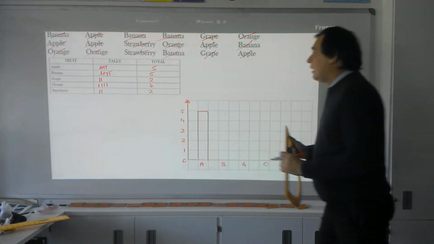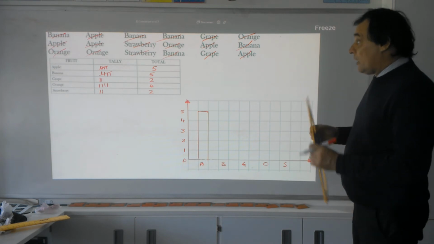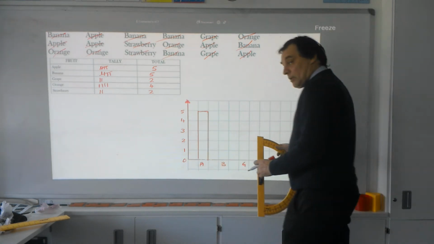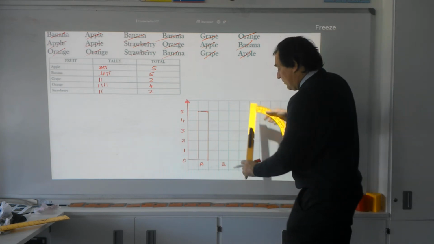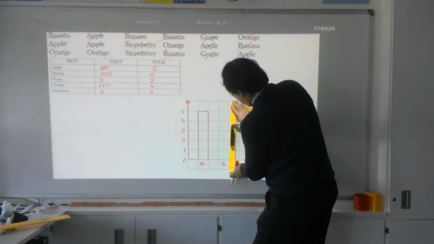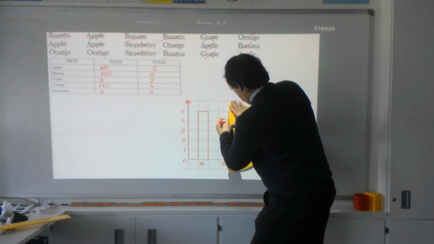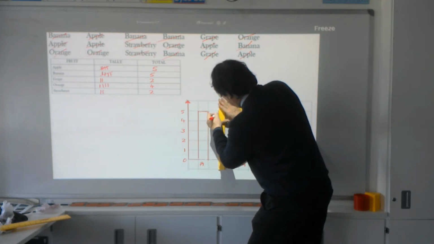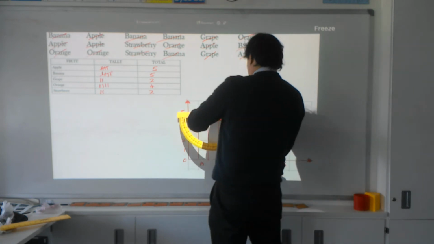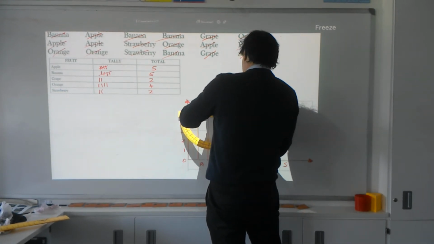And there's your bar for apples. Bananas, going to draw another one. In a proper bar chart, we normally leave a gap between each bar so that you can distinguish them. So the best thing to do, always leave a gap between each bar. And so here is my bar for the bananas, which is also 5.